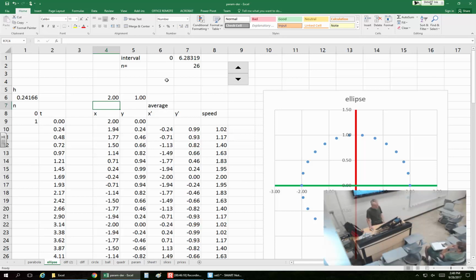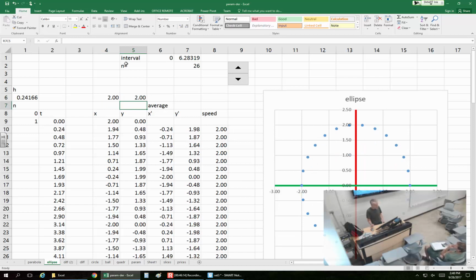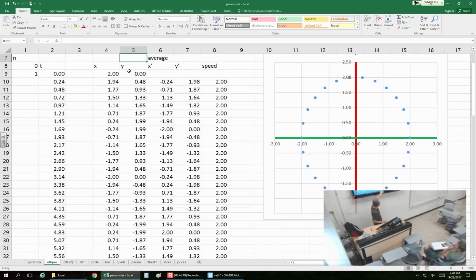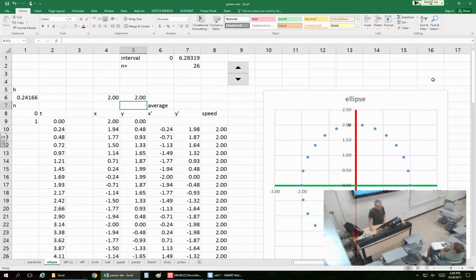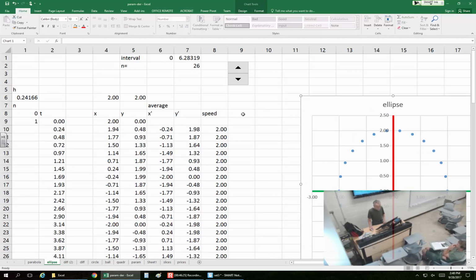So even in the simplest situation, I put 2 here. You see what happens. Now this is a circle again, but the speed is not equal to 2 anymore. So let's find a new reparametrization, the arc length parameter.